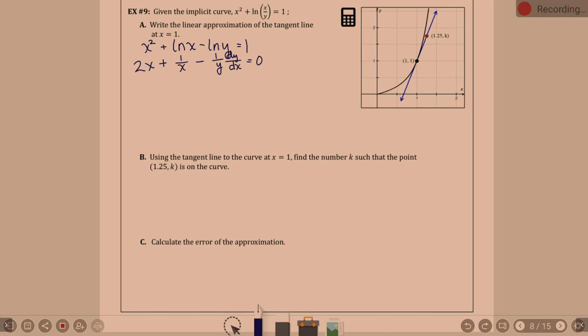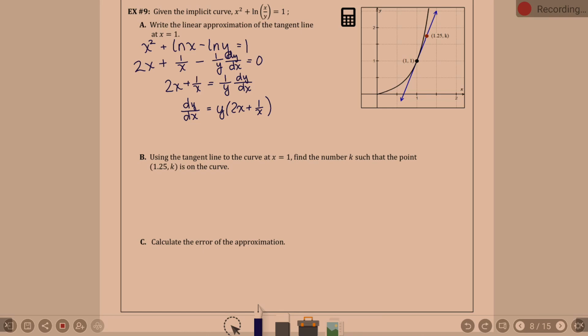I'm going to add over: 2x plus 1 over x is going to be equal to positive 1 over y dy dx. If it's 1 divided by y, can we just multiply by y over to the other side? So that's going to be y times the quantity 2x plus 1 over x.